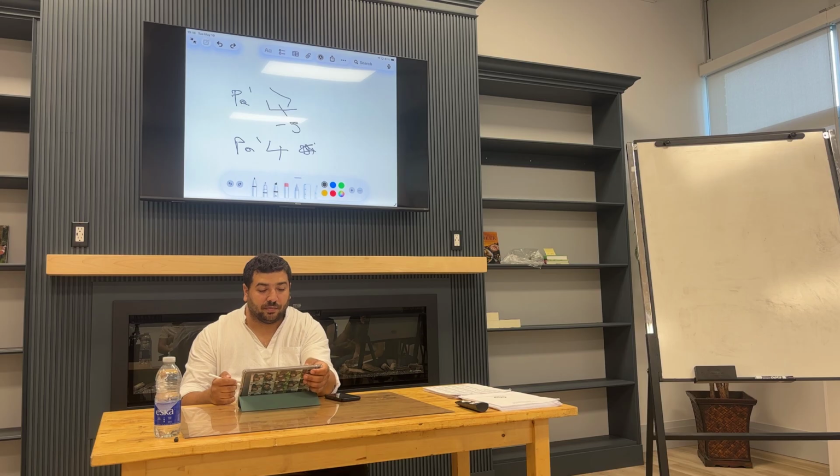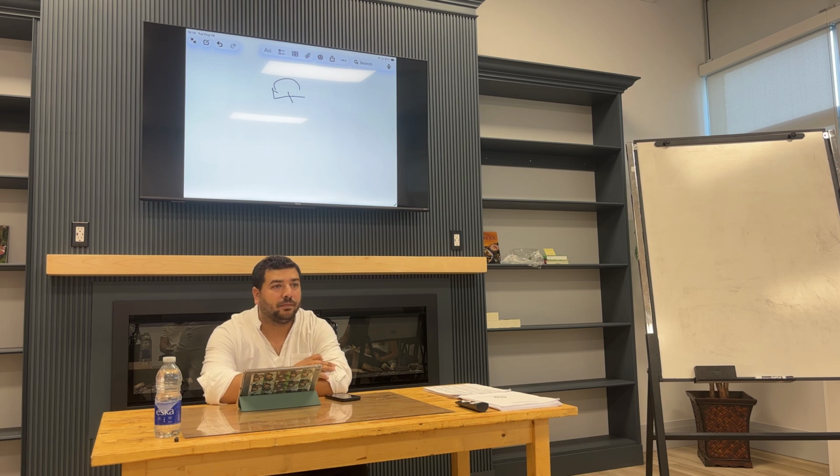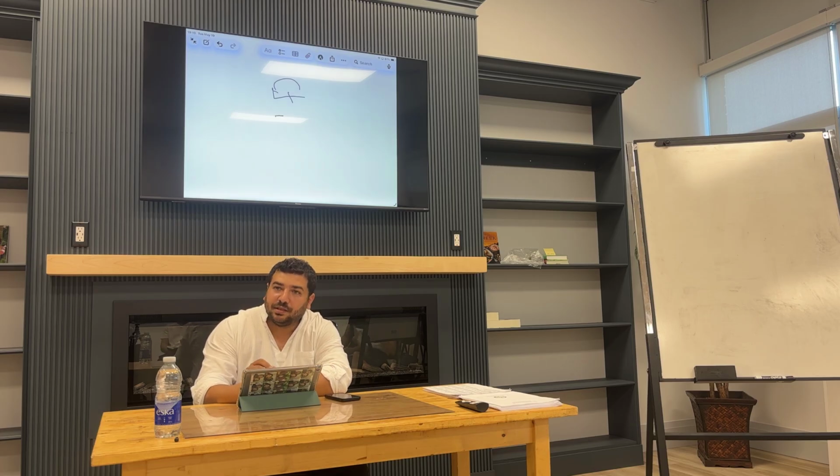How about -6? -6 should be made out of this and this. There you go. See? More straightforward to negatives. Well, so that's -6.